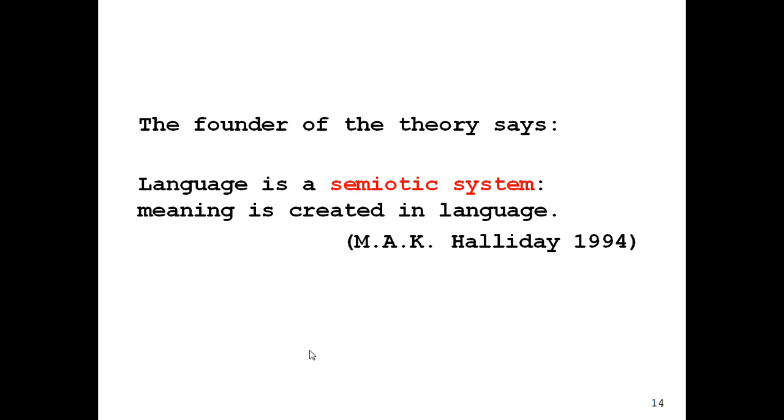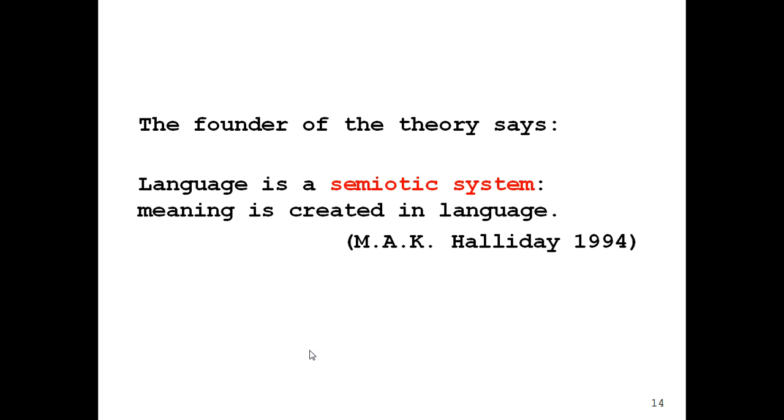Now, as I said, the founder of systemic functional linguistics, and of course its application, functional grammar, is Michael Halliday. What does he say about grammar? He says that language is a semiotic system. Meaning is created in language. Now, I hope you're all familiar with the word semiotic. Semiotic means the study of signs.